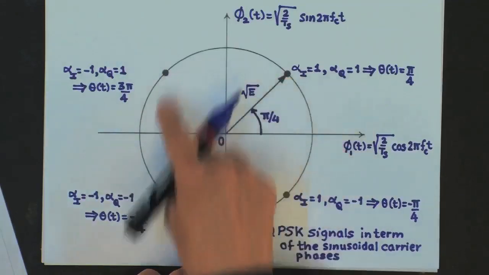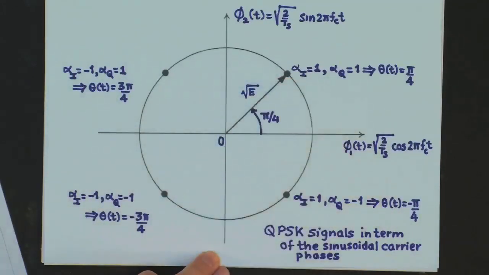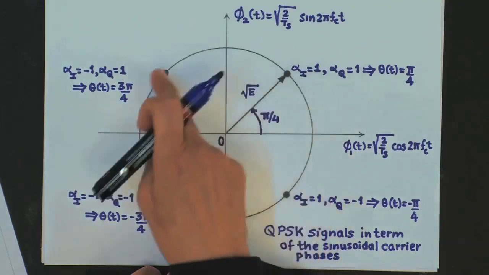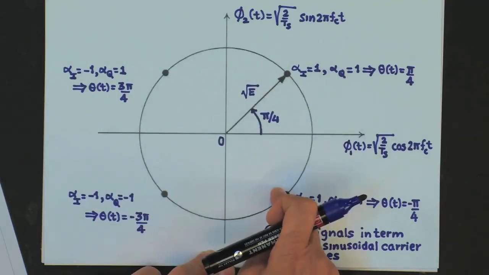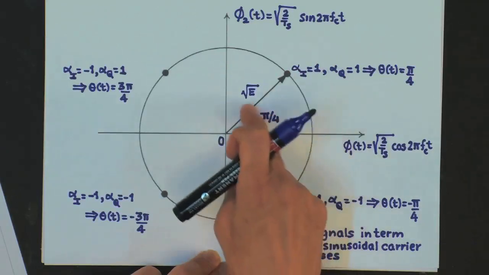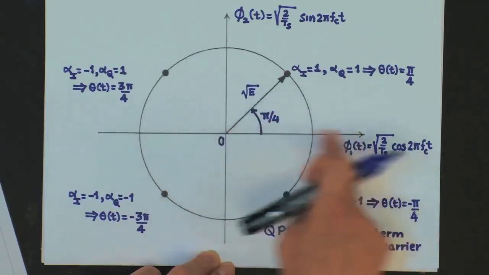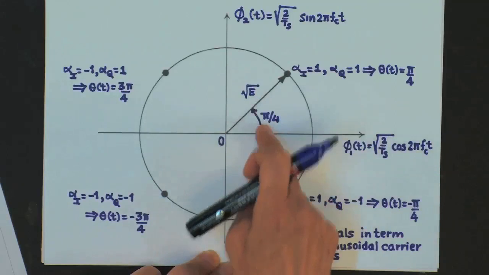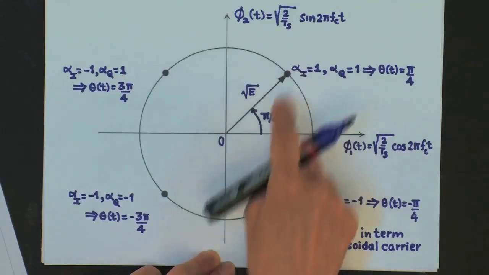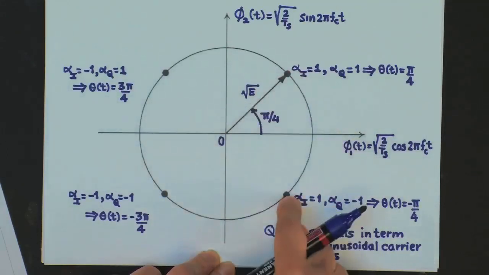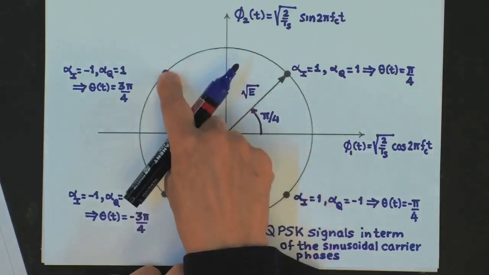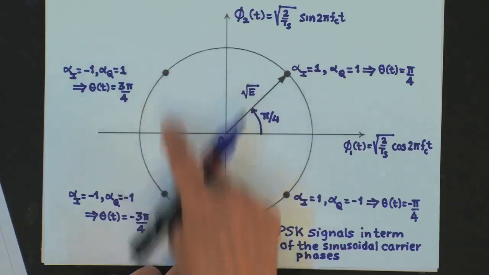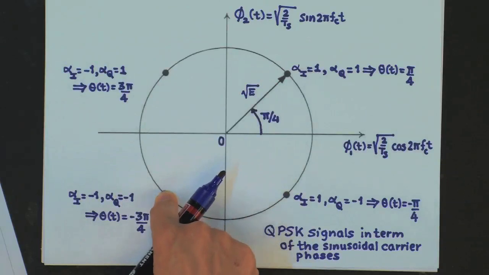So, these are the 4 signals which we get. The phase of each signal is relative to this phi 1(t) axis. So, this signal out here is at pi by 4, this signal is minus pi by 4, this is 3 pi by 4 and this is minus 3 pi by 4.